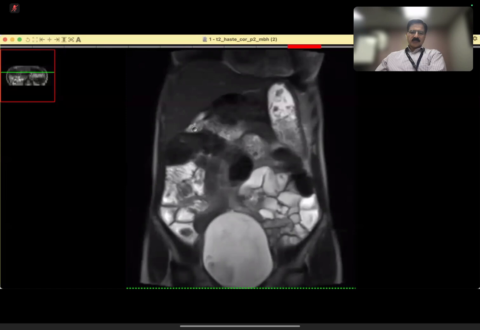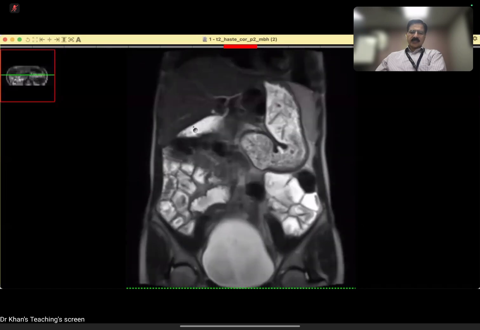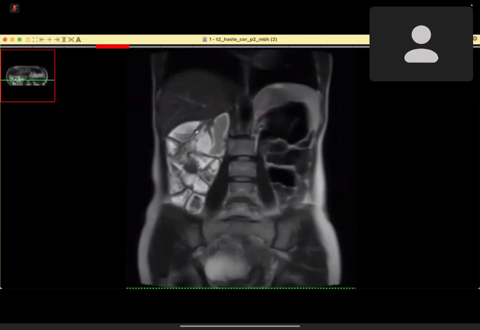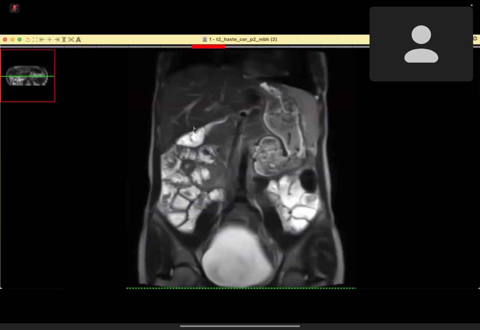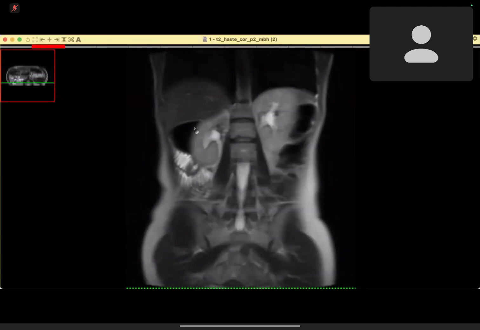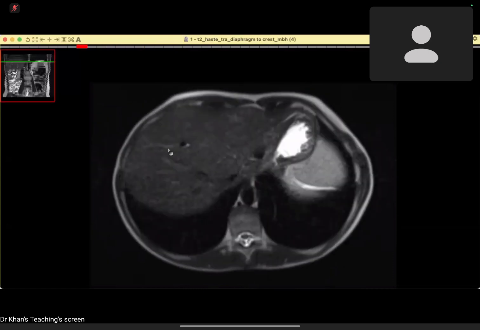In this case, what else would you like to see in a case of malrotation? I want to see the superior mesenteric artery and the superior mesenteric vein to see the relation between the two of them. Yes.